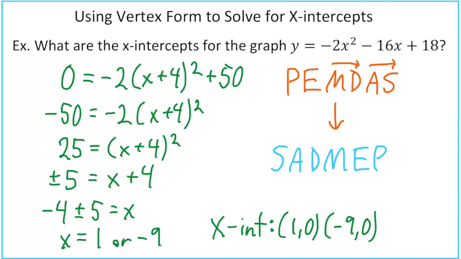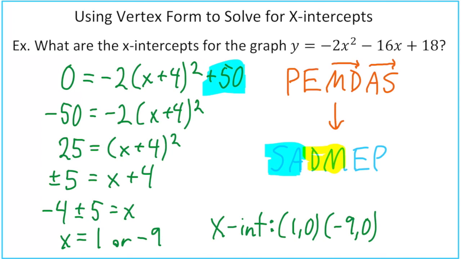So, what does this look like? This means that the first thing we would do is look for an opportunity to subtract or add. So what did we do? We got rid of our plus 50. Next, you would look for dividing and multiplying. So what did we do in our equation?